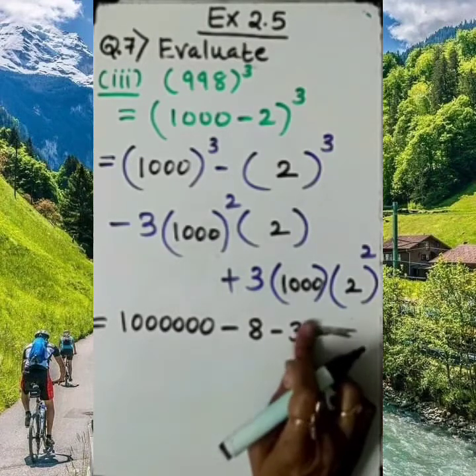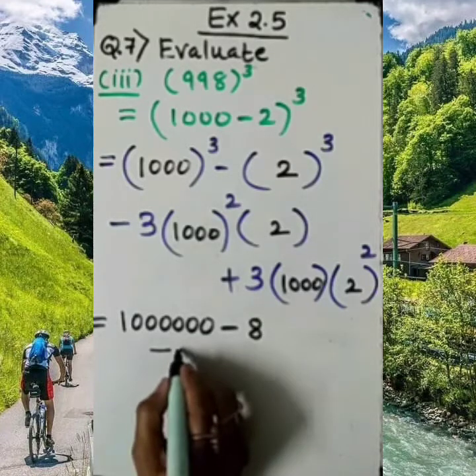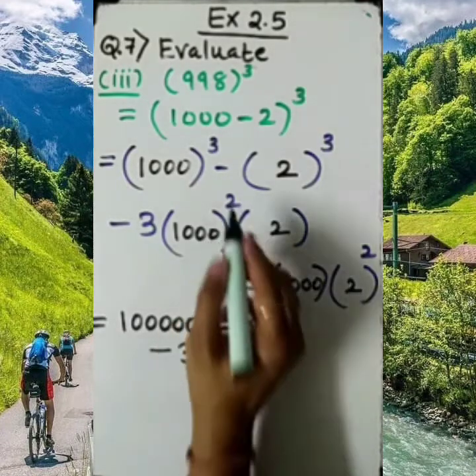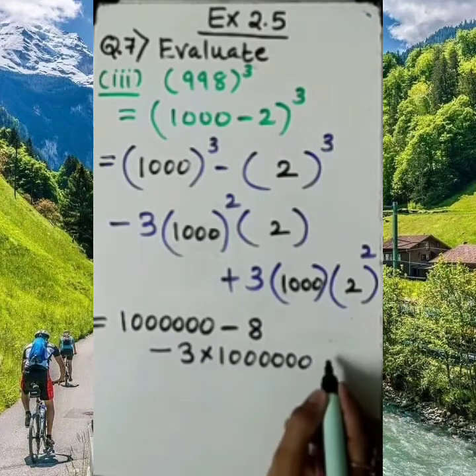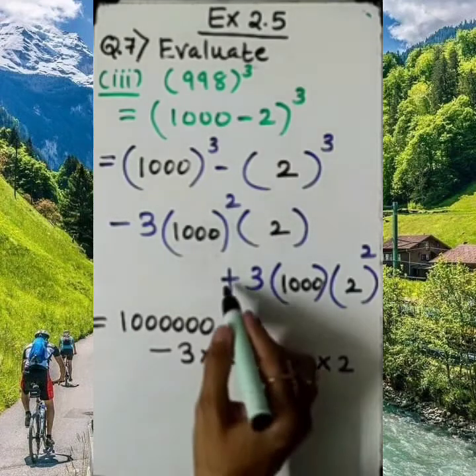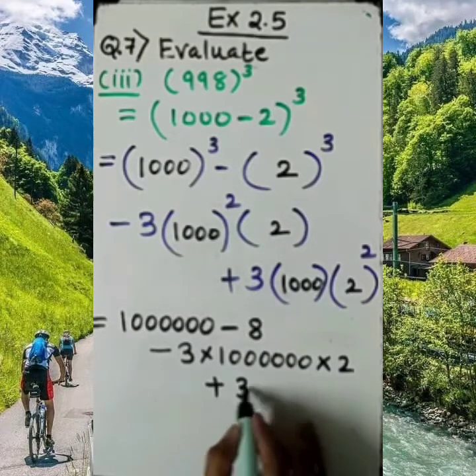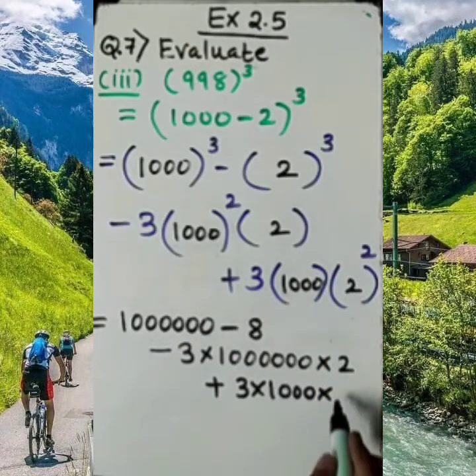Okay, so it's not possible to mention in this much of space, so I'm writing it here. Minus, as I'm writing 1000 square, that is 1, 2, 3, 4, 5, 6, into 2 is also along with that. Clear? And here plus 3 into 1000 is already there into 2 square. We know, children, 2 square is 2 into 2, that is 4. So next step, what will it be?